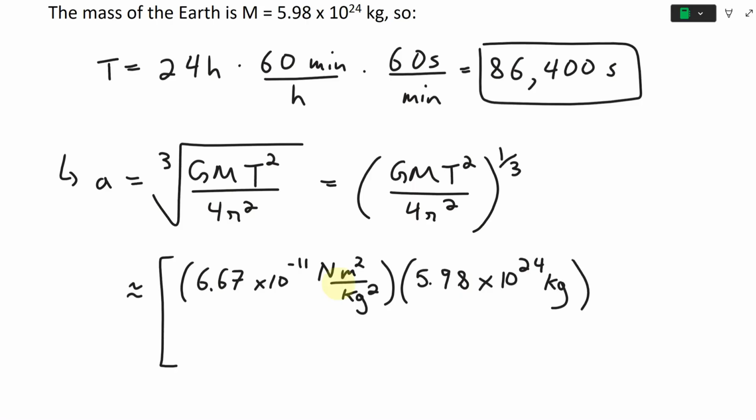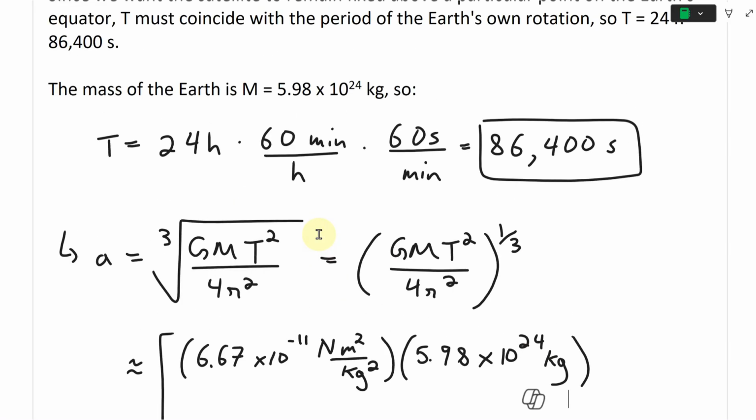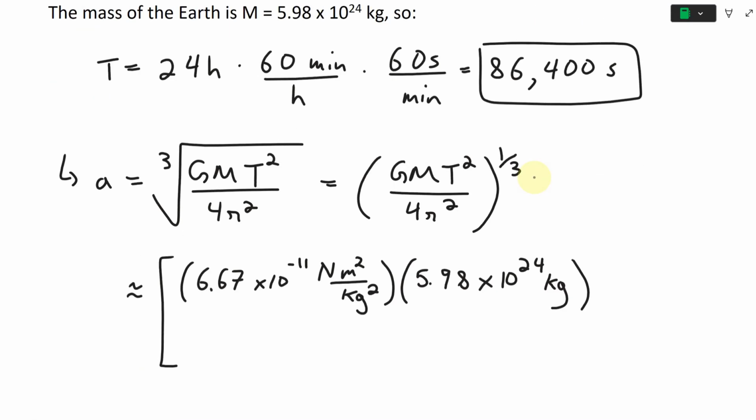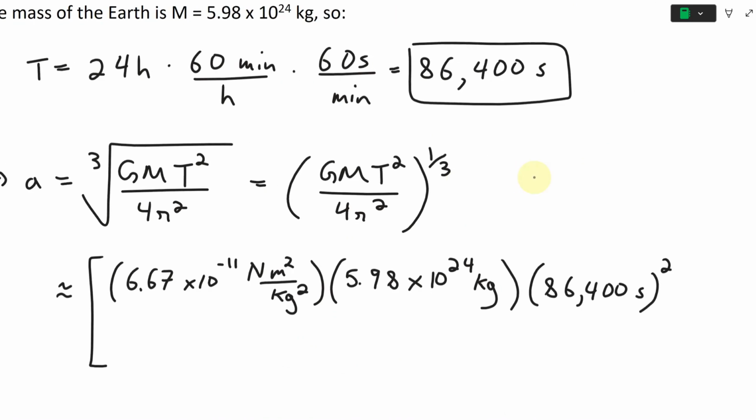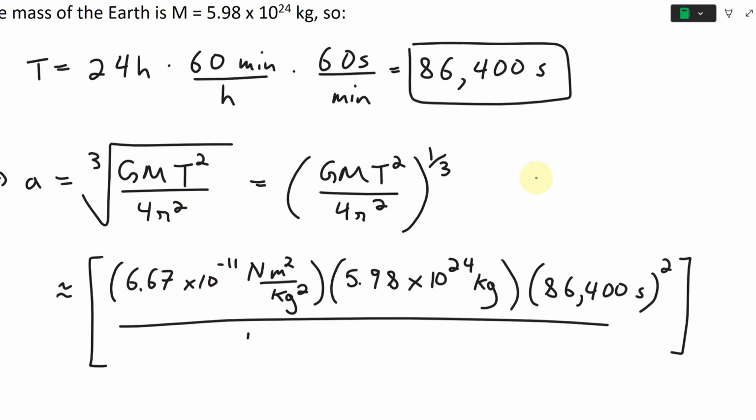And then the last one is the period squared, so that's just going to be 86,400 seconds, and then all squared. And then put a close bracket, divide this by 4 pi squared, and then this is going to be to the power of 1 over 3.